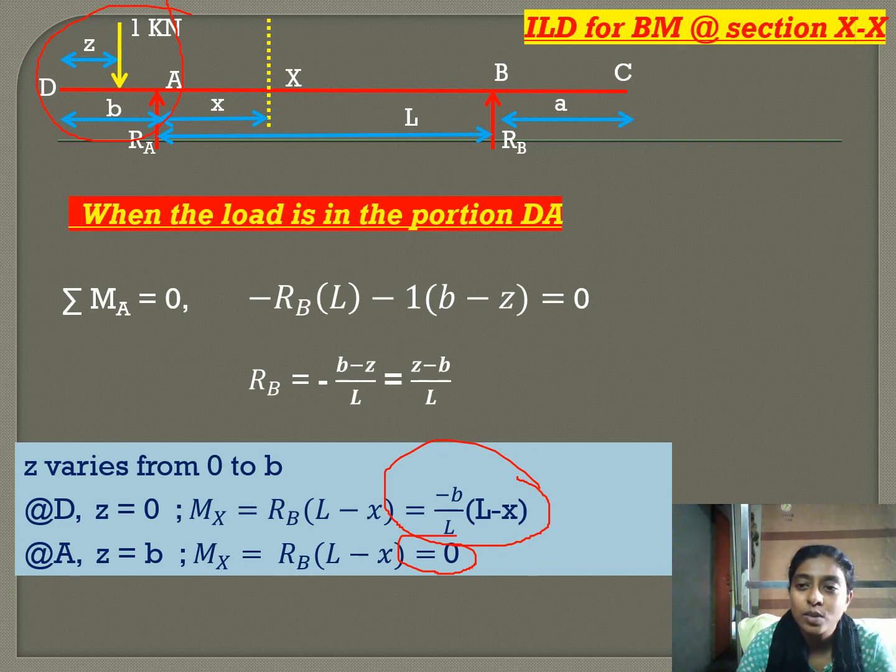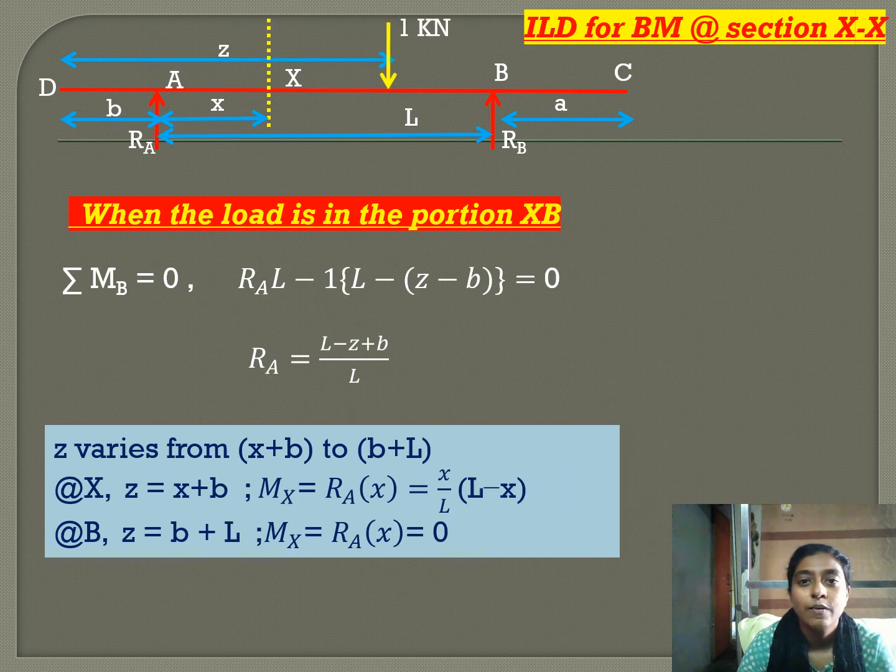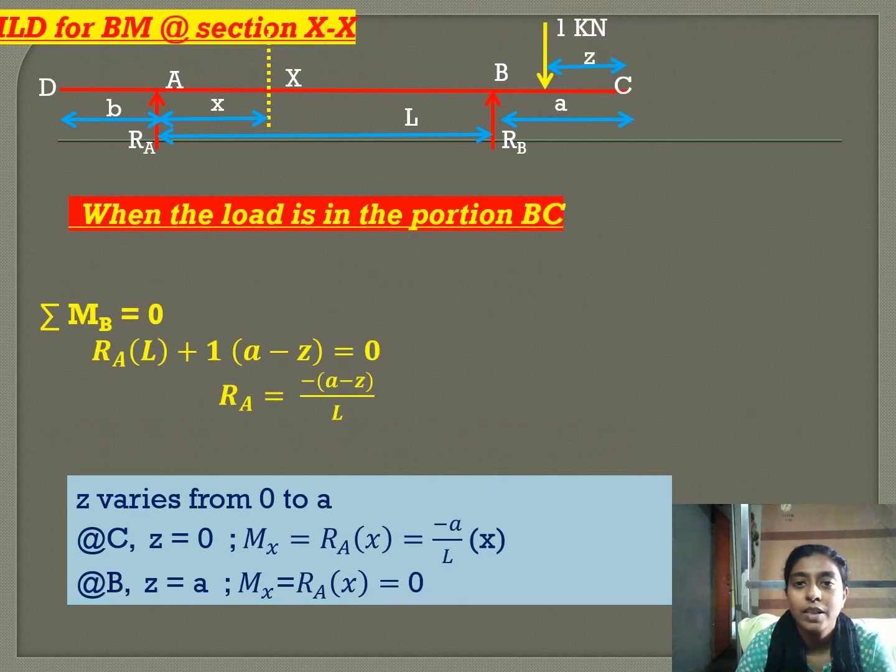When the unit load is in AX, the values of moment are from 0 to X by L into (L minus X). When the unit load is in the portion XB, the moment varies from X by L into (L minus X) to 0. When the unit load is in the portion BC, it varies from minus A by L into X to 0.